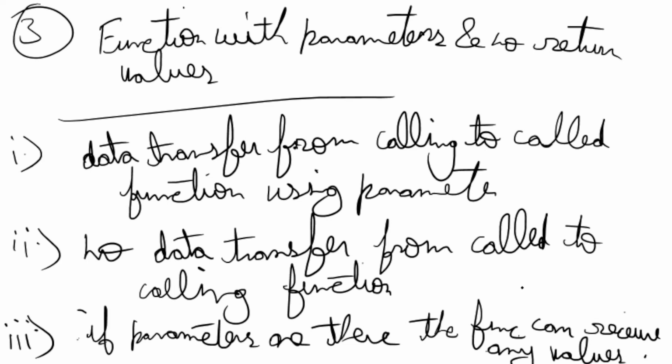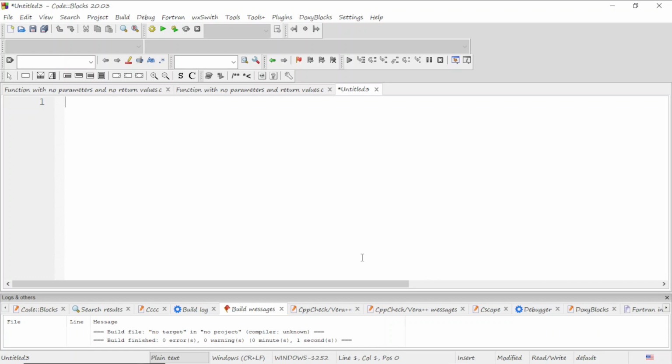Okay, so let's see a simple code for this. So we write hashtag include stdio.h. This one will be your function with parameters and no return values.